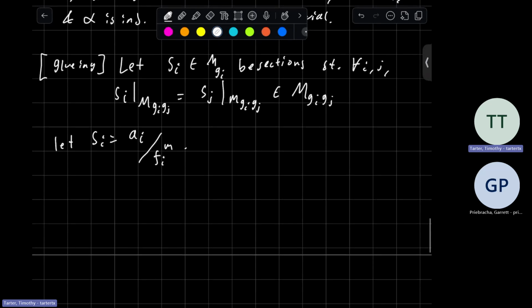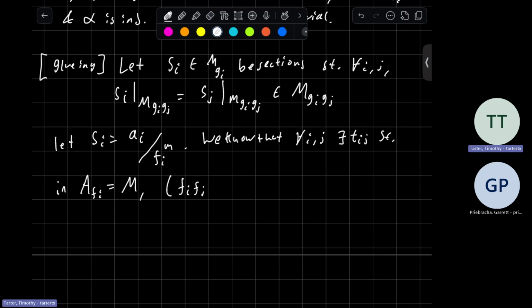And then for all i and j, there exists t_ij such that in A_{f_i}, which is equal to M, f_i f_j to the t_ij times f_j to the m a_i minus f_i to the m a_j equals 0 for all i, j.